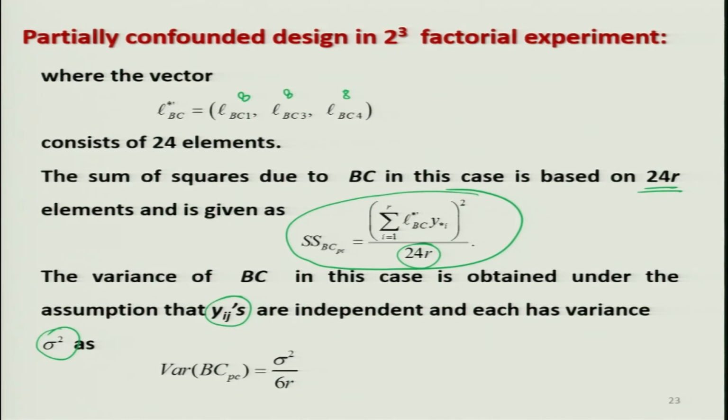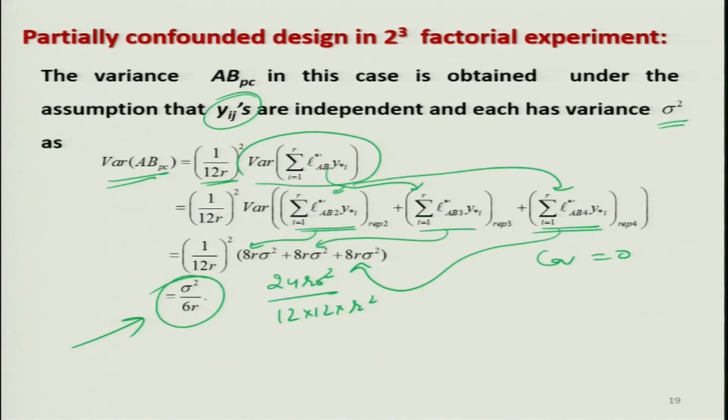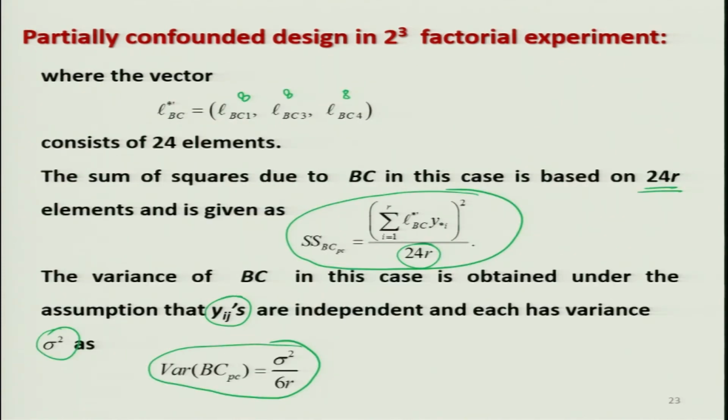If you obtain the variance, it will look like this: sigma square upon 6R. You can verify that we had found the same as the variance of AC, and we had obtained it also as sigma square upon 6R. So do not get confused about how I am writing it here without doing any algebra.